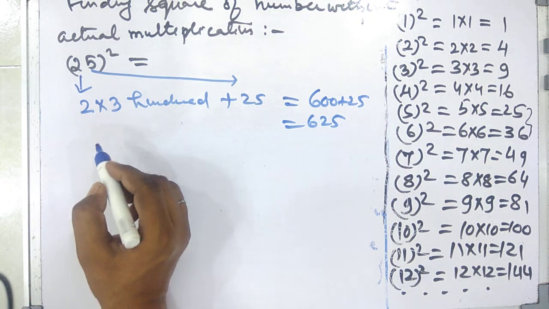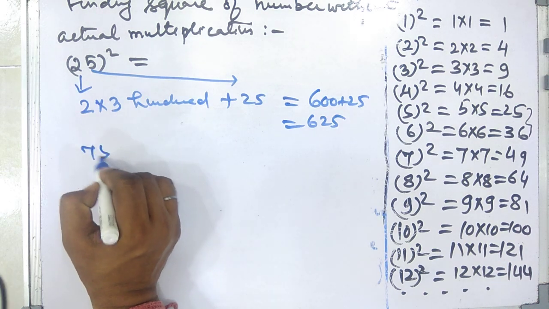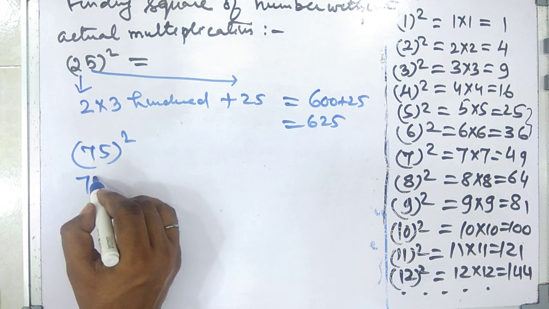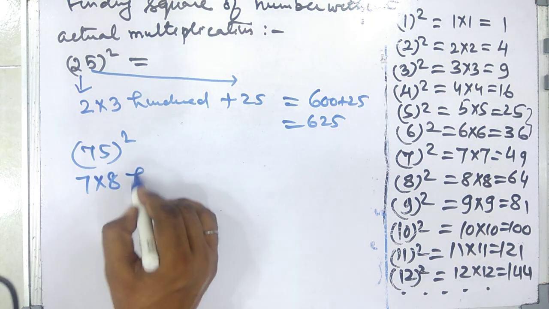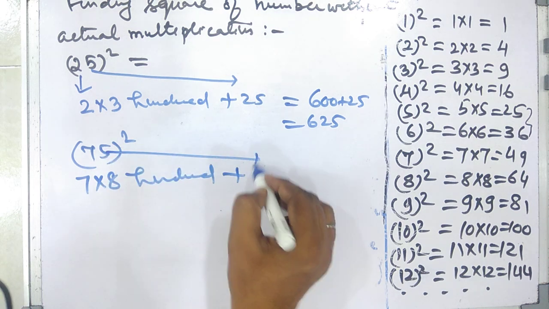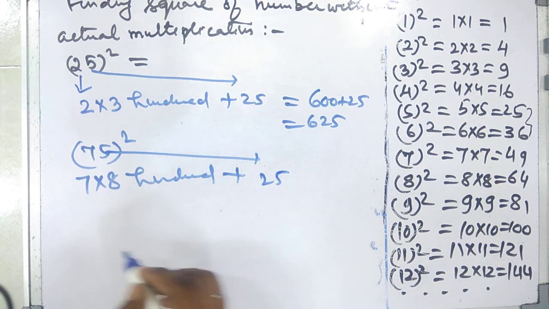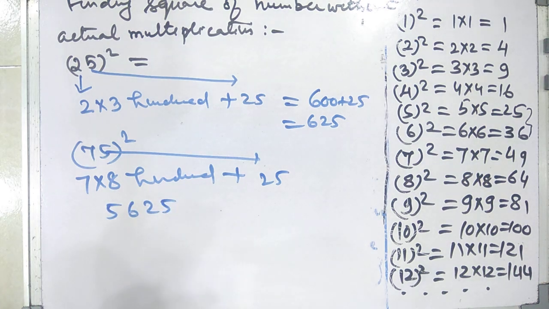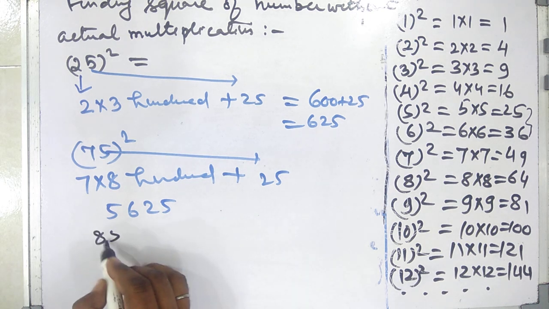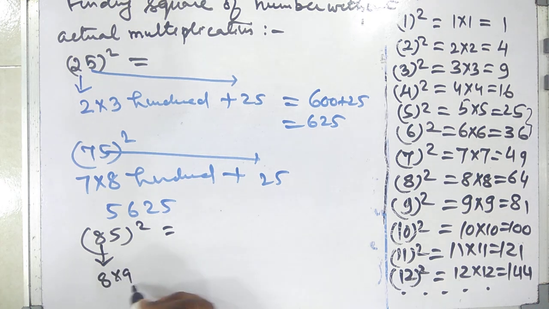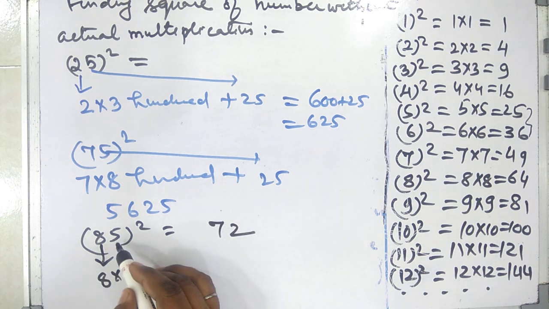In the same way, 75 square: 7 into 8 is 56, so 5600, plus 25, the square of 5, so 5625.